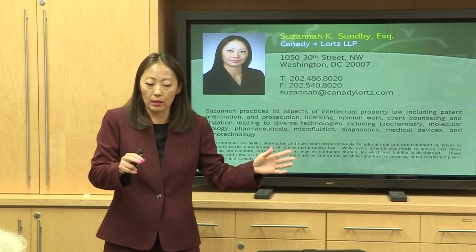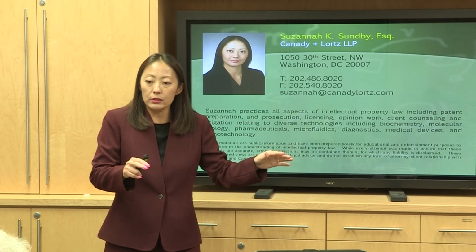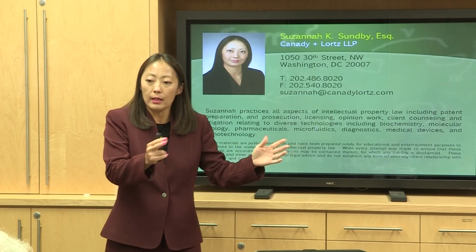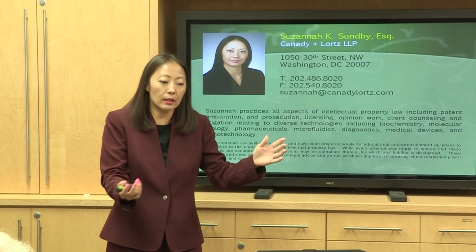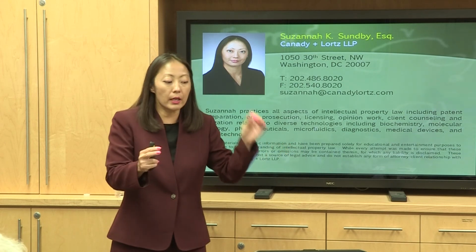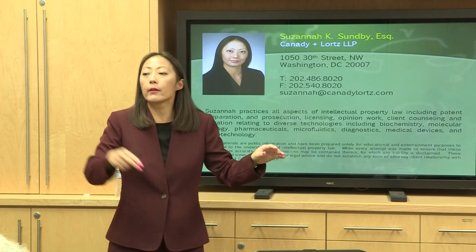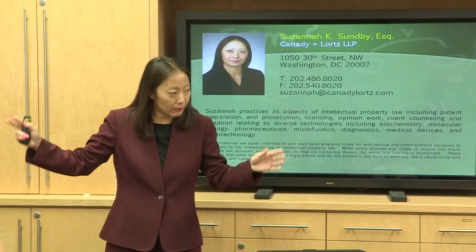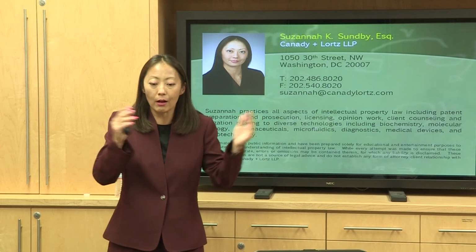It's out there then. That provisional can also be used as prior art. It can't be used as prior art against the timely filed utility that claims priority to it, but it can be used as prior art for a later application on another invention that's filed later on.